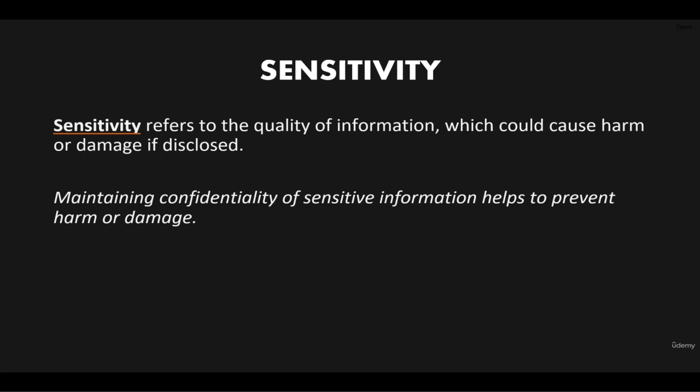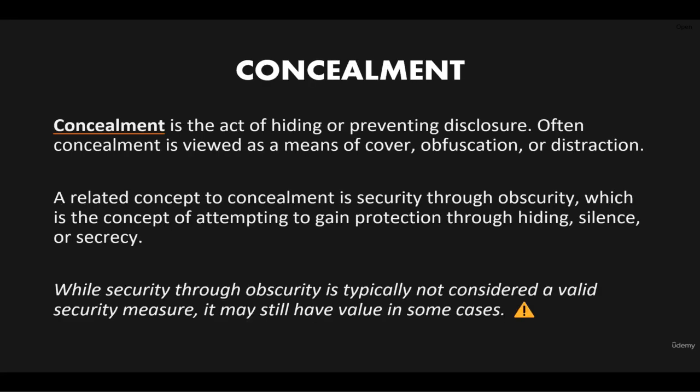To better explain it, sensitivity is similar to classification. For example, a document aimed for a wider audience, for example, an advertisement, could be classified as public, but military intelligence information is likely to be classified secret or even top secret if needed.